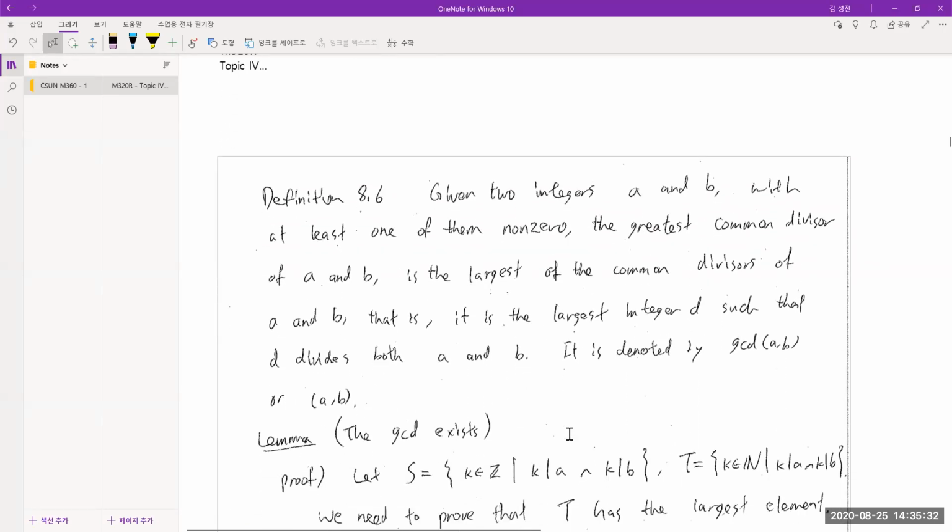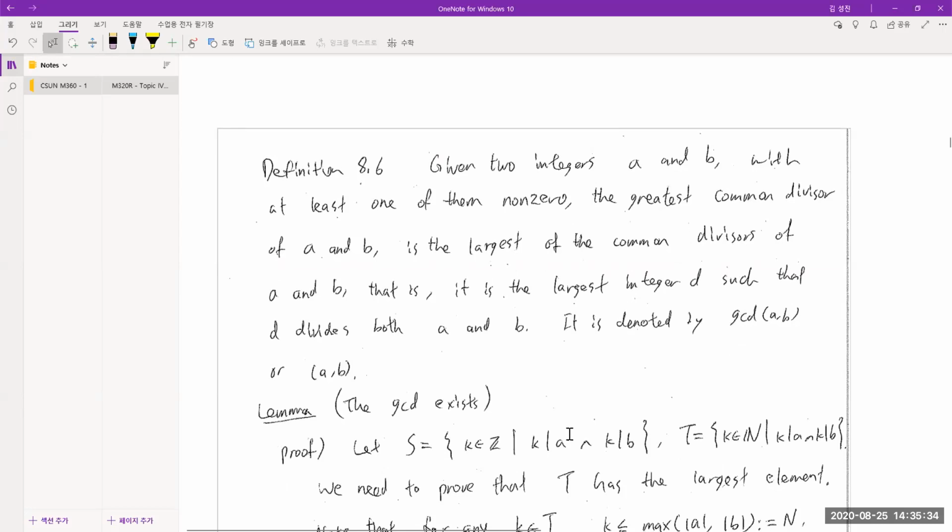All right. So the next definition we need is the greatest common divisor. The greatest common divisor of A and B, of two integers, and we assume that at least one of them is non-zero. So at least A or B is non-zero.